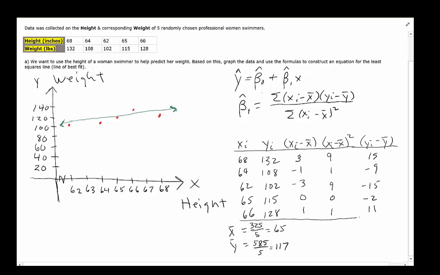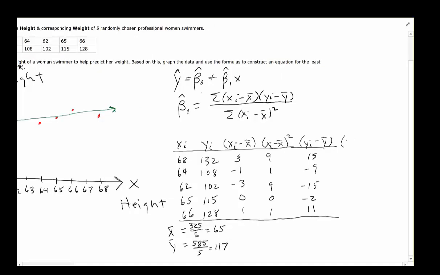Okay, I need to take the x sub i minus x bar and multiply it by the y sub i minus y bar. This part right here is going to help me calculate the numerator. Once I get these values, all I have to do is add them up. So my first one would be 3 times 15, which is 45. I would have negative 1 times negative 9, which is 9.